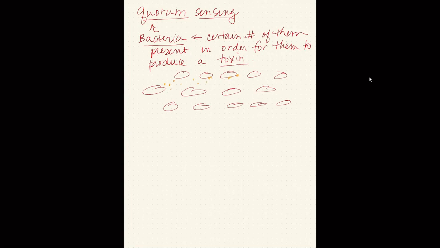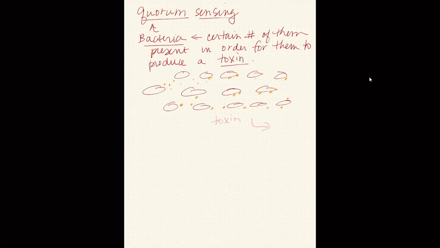That's how they detect how many are actually present in the environment. Once they hit a certain point and they have a certain amount of the orange stuff, which is a chemical, being produced, then they'll start to make the toxin. Then they'll start releasing a toxin that can actually cause disease to occur.